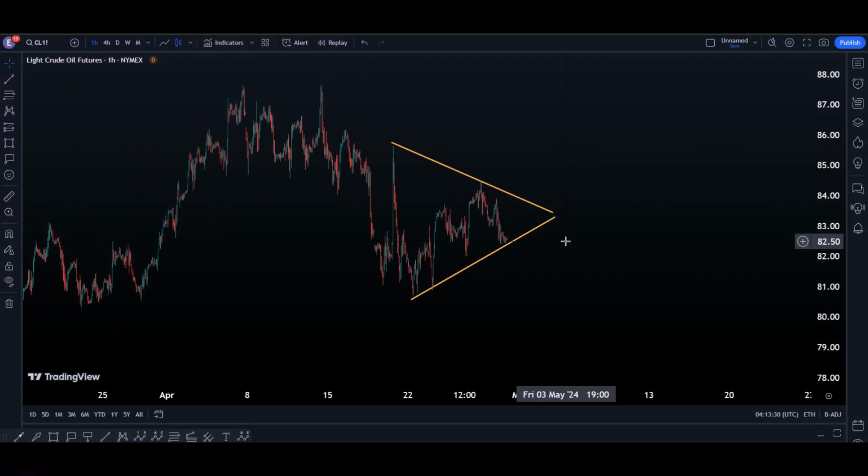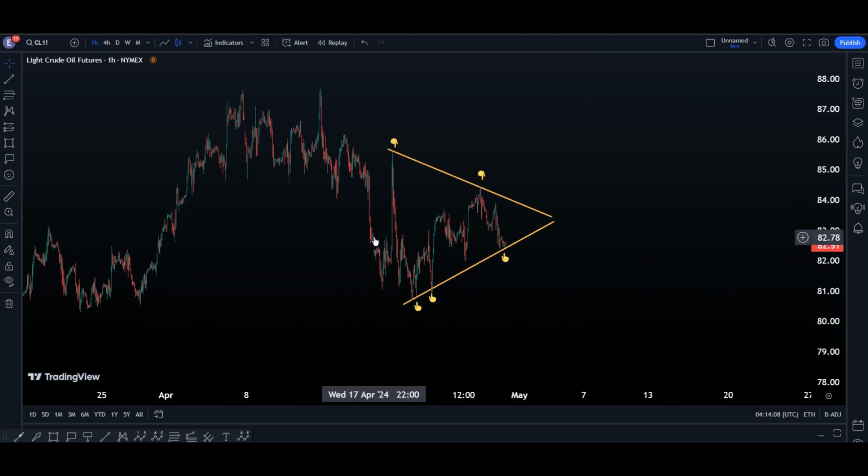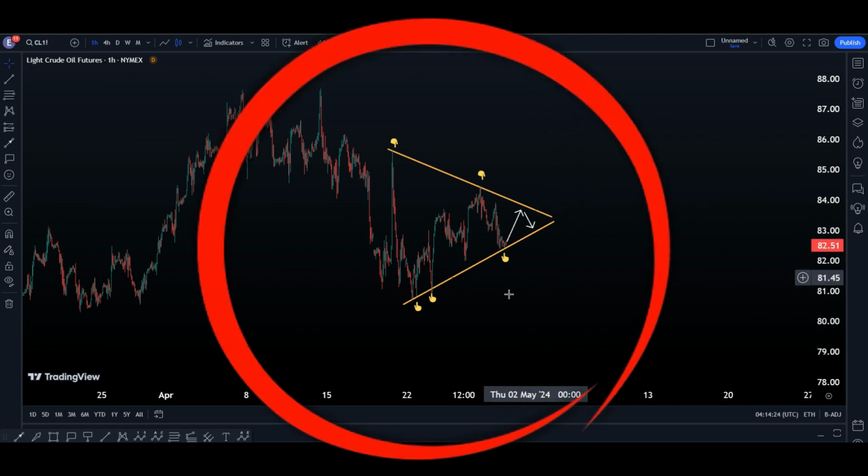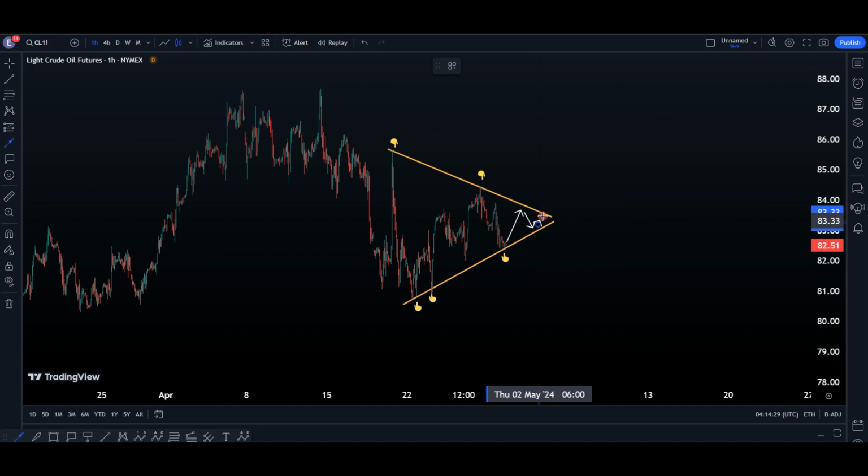In 60-minute chart, lower time frame, we have this triangle here, and maybe in next hours market move in this triangle and from upper side or from downside break.